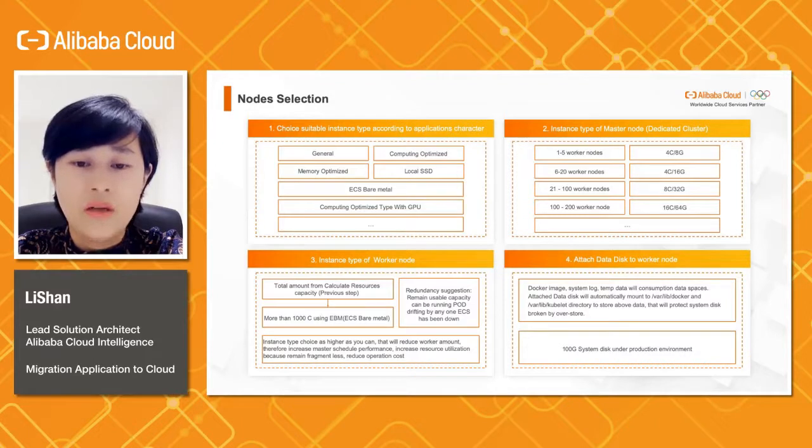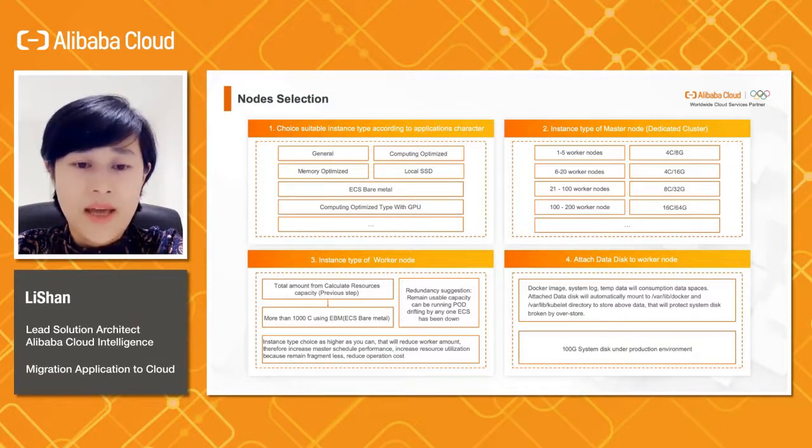Last one, don't forget to attach a data disk to the worker node. Because Docker images, system logs, and temp data will consume data space. If you do not have a data disk, those files will be stored in the system disk. That will make the system disk break because of overstorage.